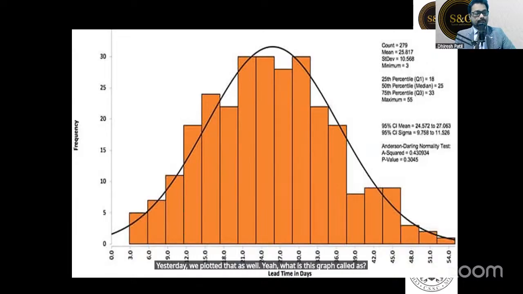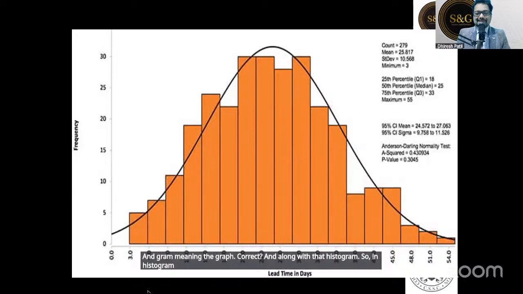Yes, histogram. Histo meaning it represents the historical data and gram meaning the graph.